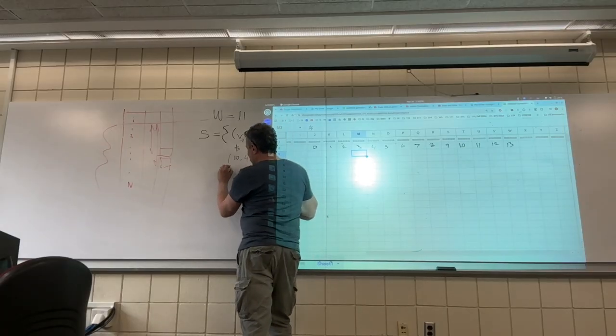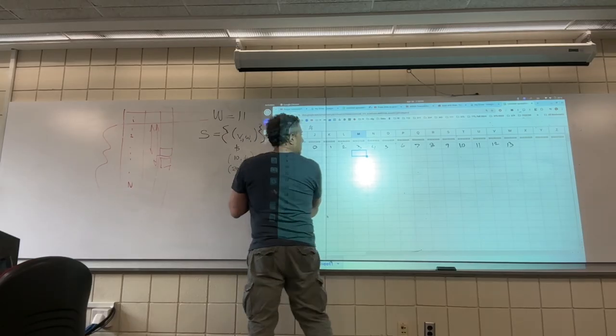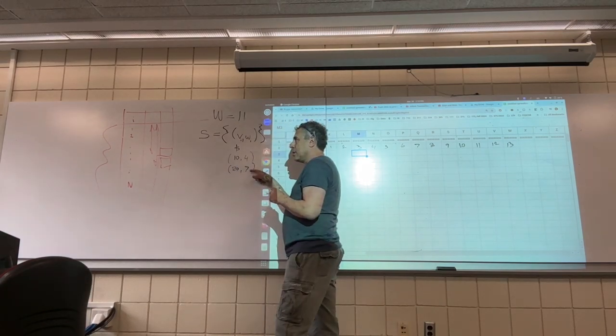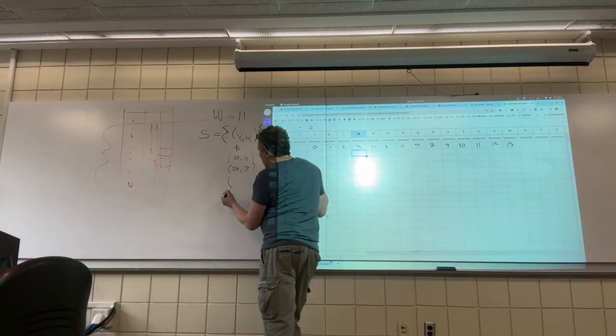Do you want to give me a few more? Worth $20 and weighs 7. Okay. Don't go more than this because we don't have many of them fit. One worth 15 and weighs 5.